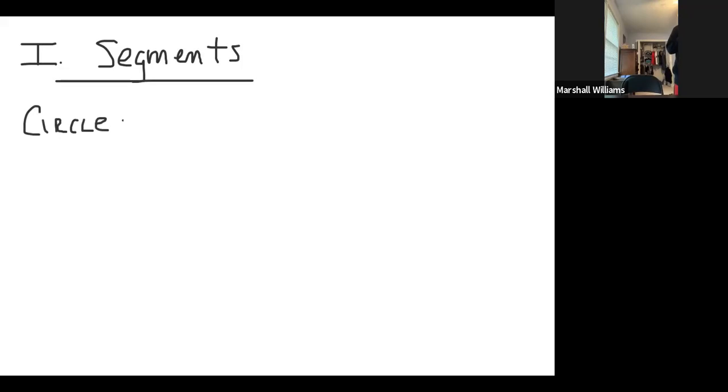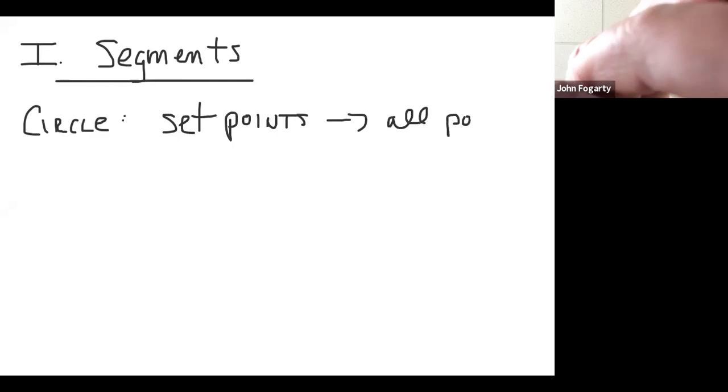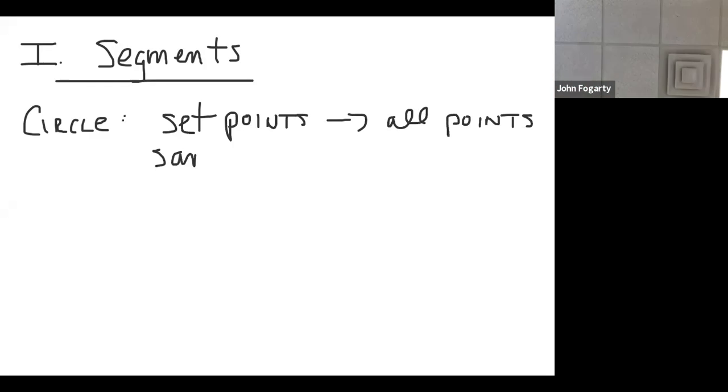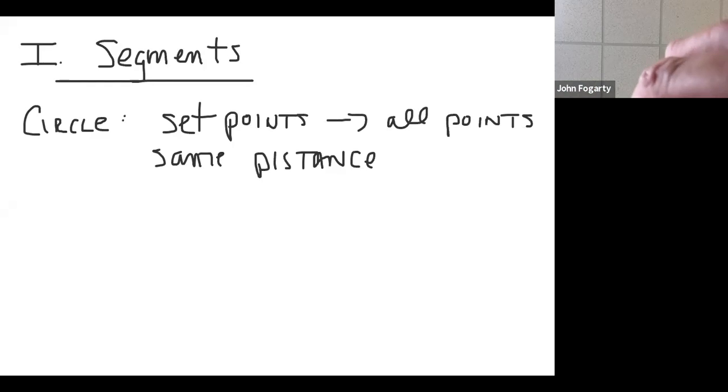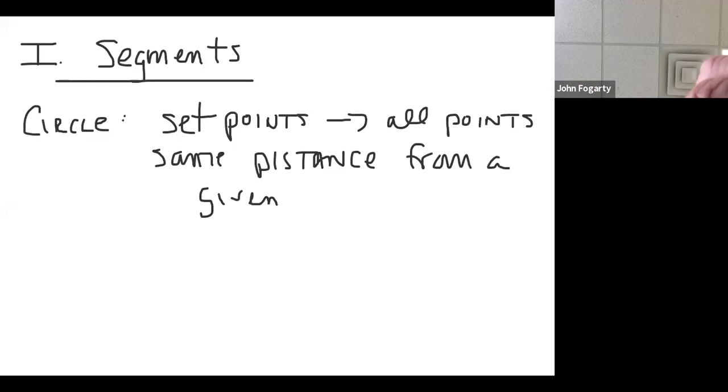The first thing we want to do is make sure we know what a circle is. A circle is simply a set of points, all the points the same distance from a given point, and that given point is called the center.